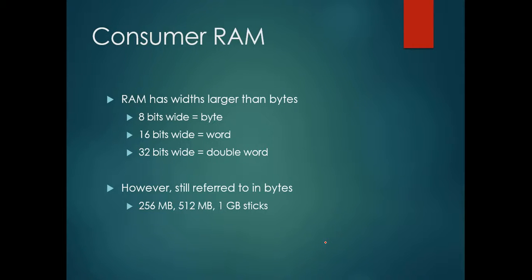As consumers, most of you consider it like this: 1 byte is 8 bit, a word is 16 bit, and a double word is 32 bit. However, whenever we speak about 256 MB, 512 MB, 1 GB, 10 GB, 12 GB, all these kinds of terminology are prevalent.